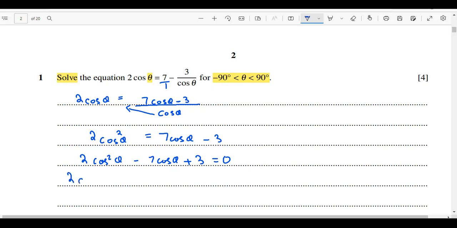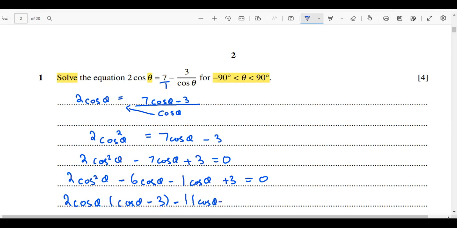So it would be 2 cos squared theta as it is, minus 6 cos theta minus 1 cos theta plus 3 equals 0. I can take 2 cos theta common and I would have cos theta minus 3 minus 1, and then cos theta minus 3 equals 0.